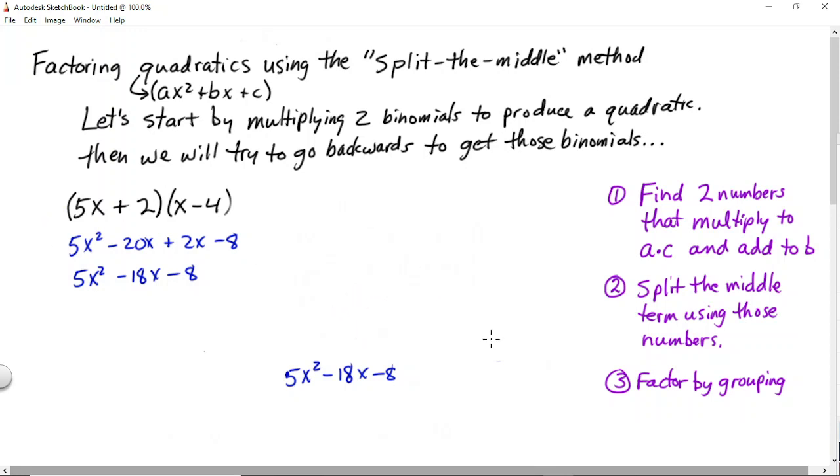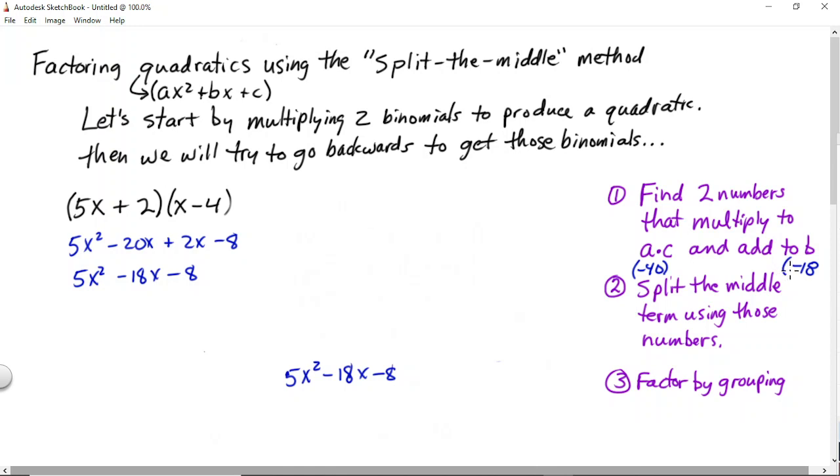Find the numbers that multiply to AC and add to B. So AC, I'll write up here what AC is, A times C. A is 5, C is negative 8, so multiply those, it's negative 40. And B is negative 18.